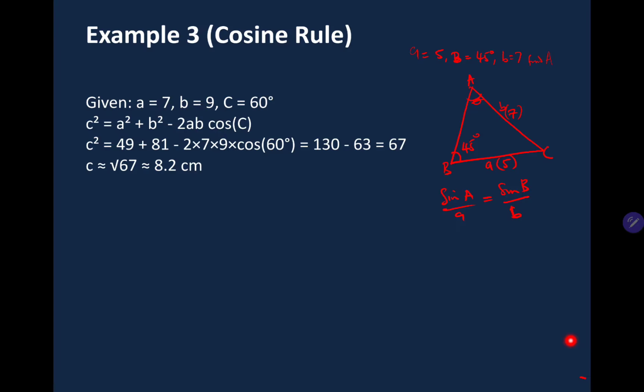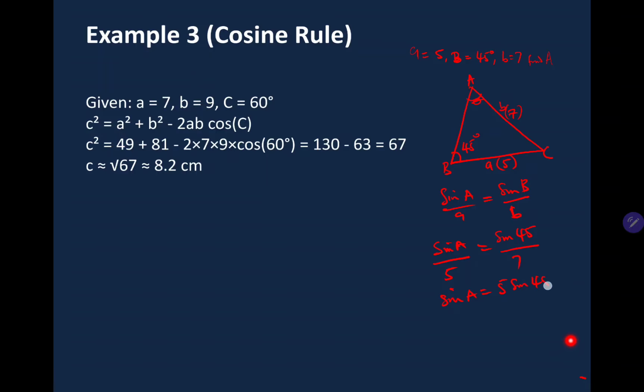Now we are looking for the angle A, and we have one other side A, 5. So putting that into application, sine A, which we do not know, over A, which is 5, will be equal to sine B, which is sine 45 over B, which is 7. If we cross multiply, sine A will be equals to 5 sine 45 over 7.